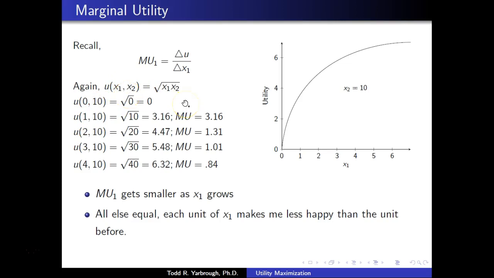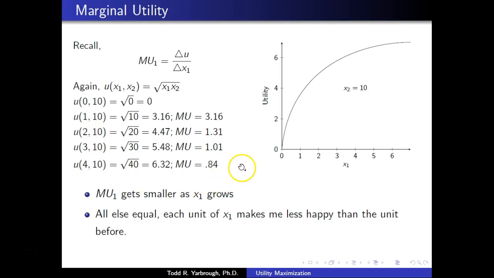But we'll see in a few moments actually that X1 and X2 could be related in a number of different ways. For example, X1 could be computer monitors and X2 could be computers. And so in fact you will often see these two goods consumed at the same time. And so therefore the marginal utility that they have for each other will actually in some cases be related to each other. And so it's interesting to see sometimes these scenarios where you can hold one level of the good constant, here X2 being held at 10, and then you can see what happens as you consume additional units of X1.